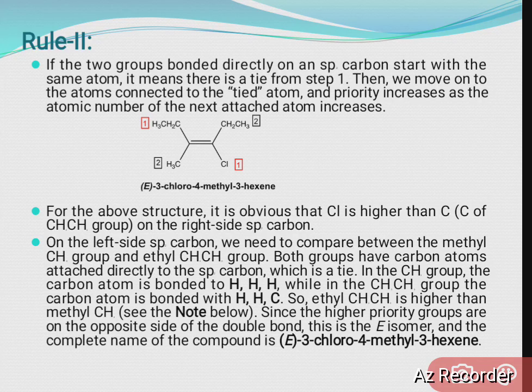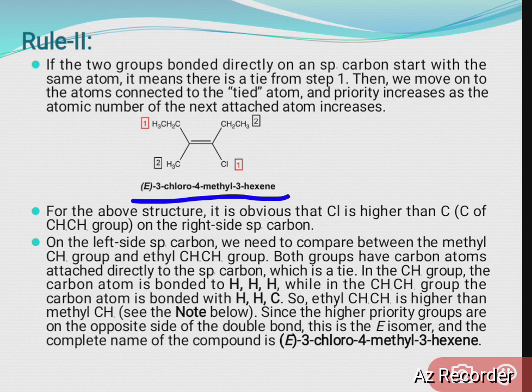Here the two highest priority groups are present in the opposite direction, hence this is the E isomer. Okay, this is the E isomer. Understood? This is regarding rule 2.